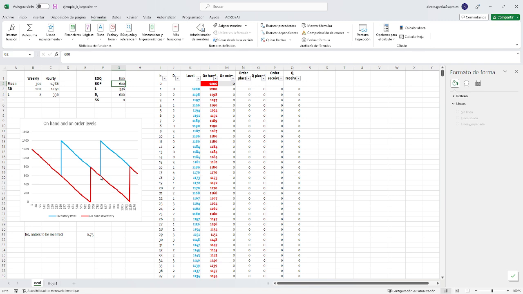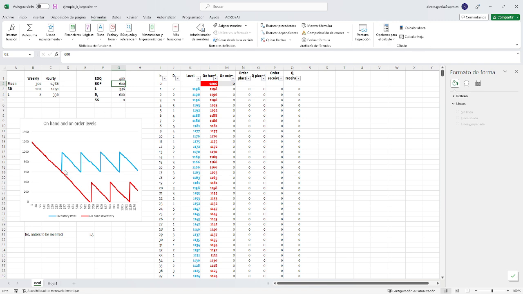The point here is that our inventory level is not the same as our on-hand inventory, but actually we are looking at the blue line, because the blue line takes into account what we have on hand and what we are going to receive, and those two quantities are those I should take into account for fulfilling my future demand, which differ.